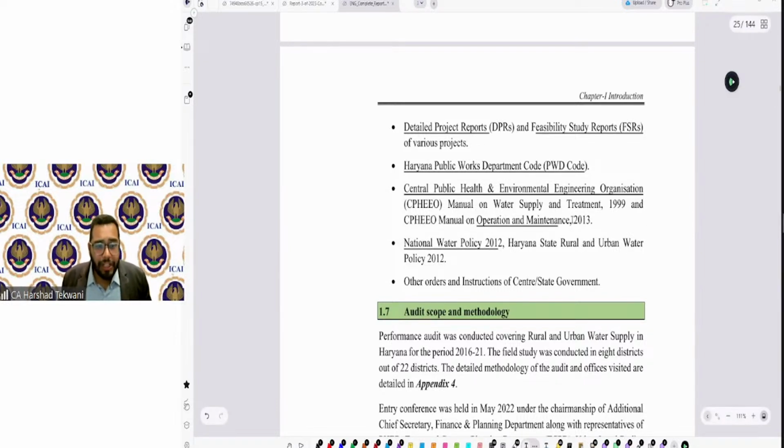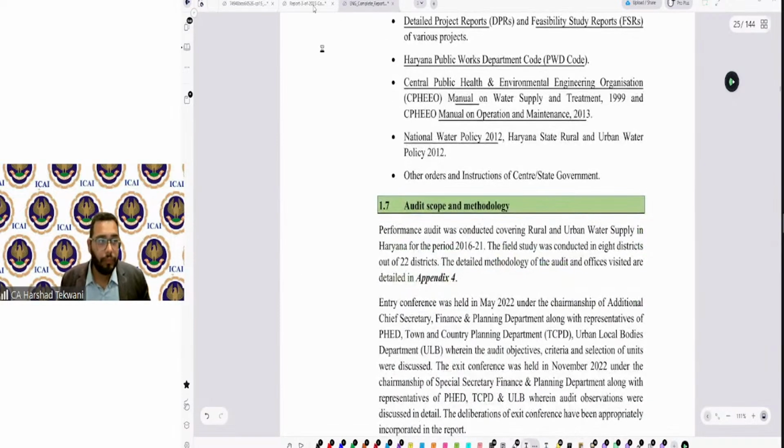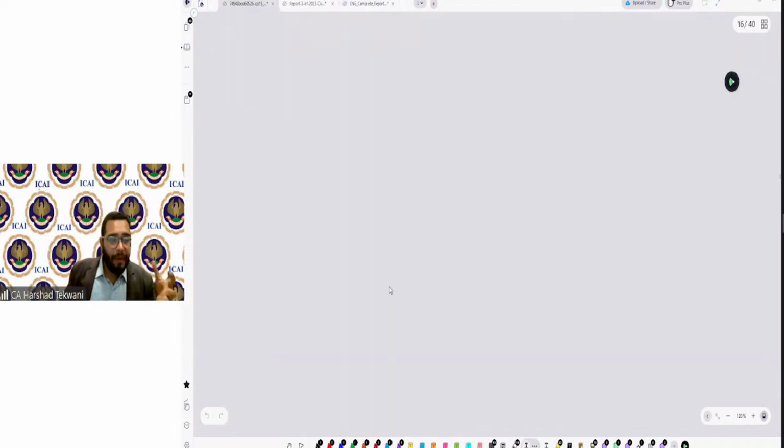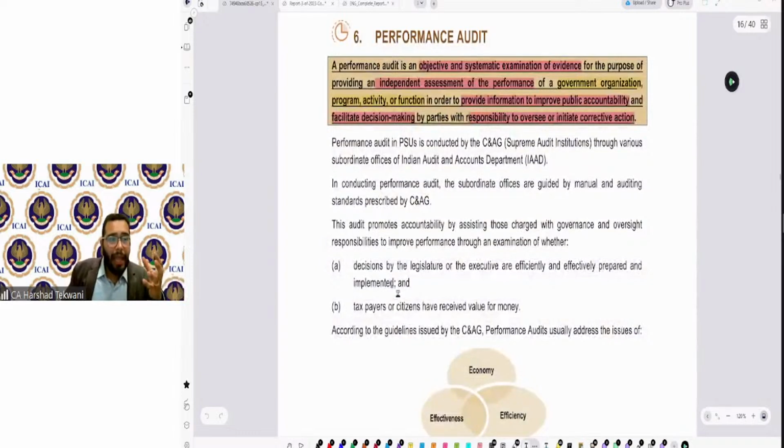Their operation and maintenance manuals are there. So these manuals play an important role to decide the criteria against which the performance is evaluated. Okay. So if you see, in a performance audit, I provide an independent assessment with respect to a criteria.